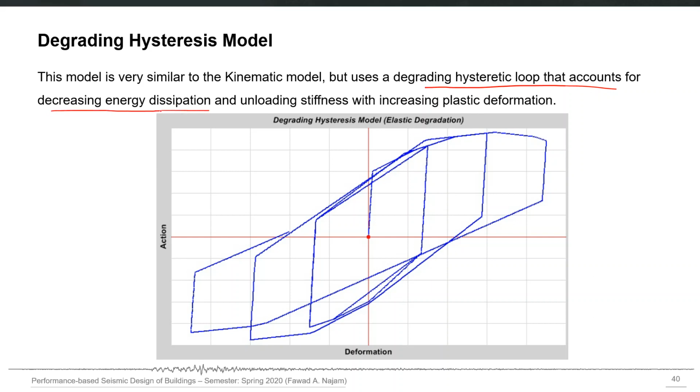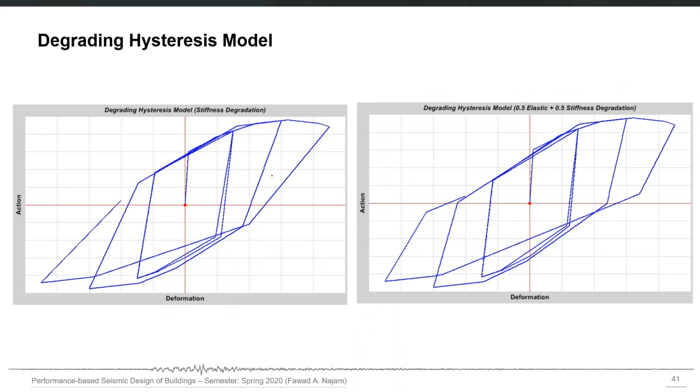As I have said earlier, whenever there is cyclic degradation, the amount of energy dissipation or area in the loop decreases, and so does the unloading stiffness with increasing plastic deformation. So in this model, the unloading and reloading stiffness is reduced from the initial values, accounting for the hysteretic degradation.